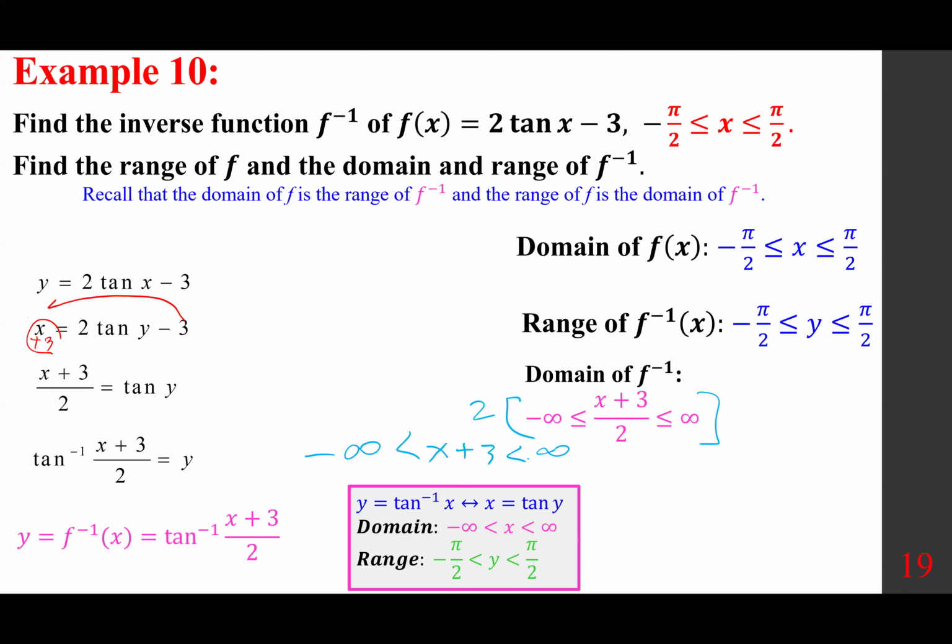Okay. And if I subtract 3, it makes no difference. This is still negative infinity. This is still infinity. And that's really the key that I want everybody to pay attention to.